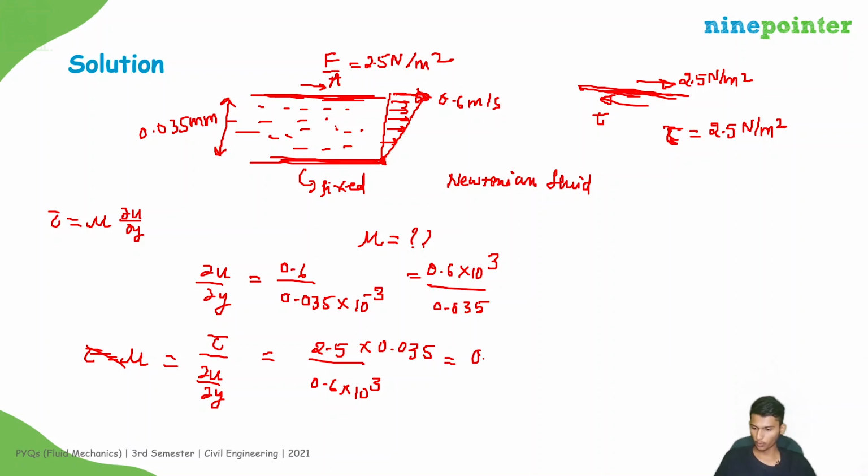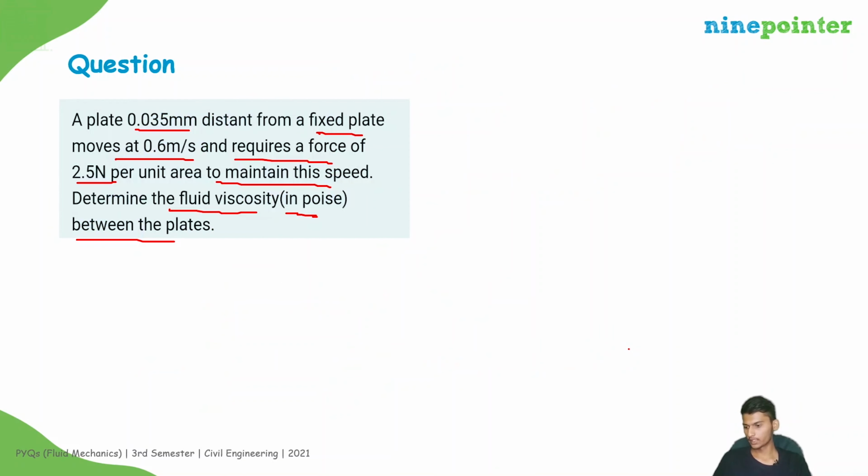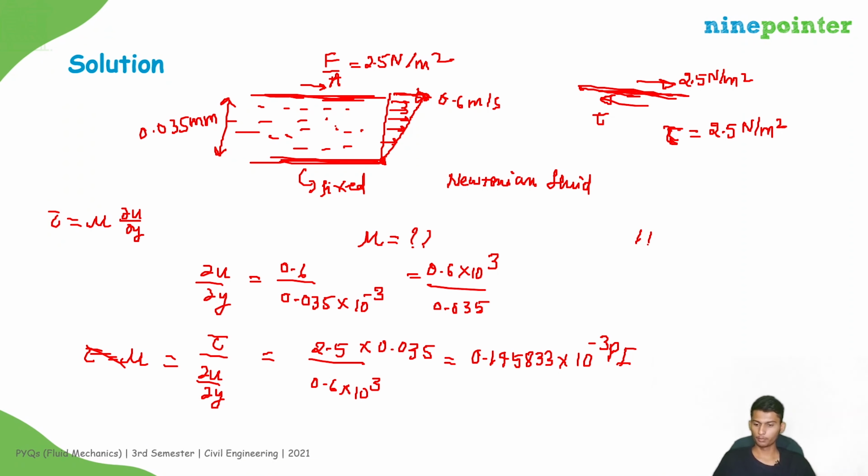We are getting 0.145833 into 10 power minus 3 Pa·s. This is in SI units, but they asked in poise. Poise is a CGS unit. We know that 1 Pa·s equals 10 poise. So mu equals 0.145833 into 10 power minus 2 poise.